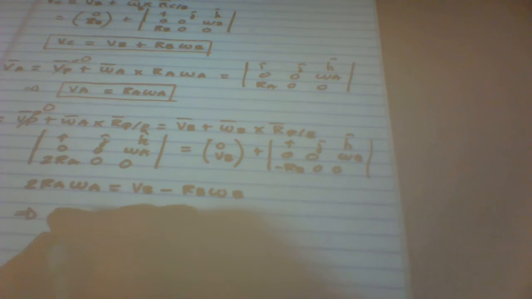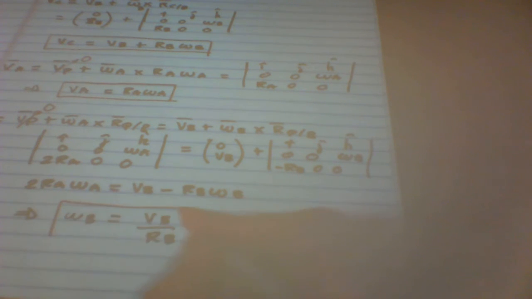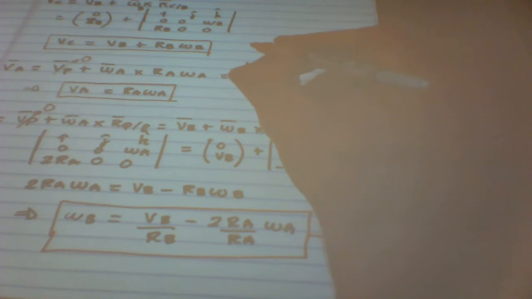Let's say I write this one as a function of omega B, which will be equal to what? VB over RB minus 2 R sub A over R sub B, omega sub A. Yep. So hopefully this is going to work. I'm going to substitute this one into this one, okay? All right. And see where I land.